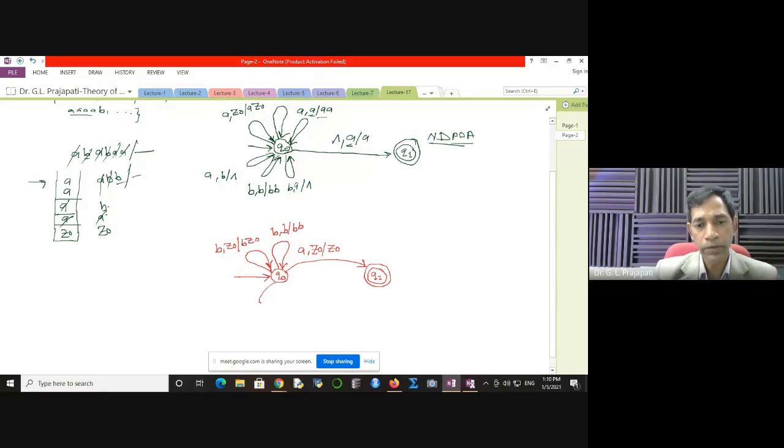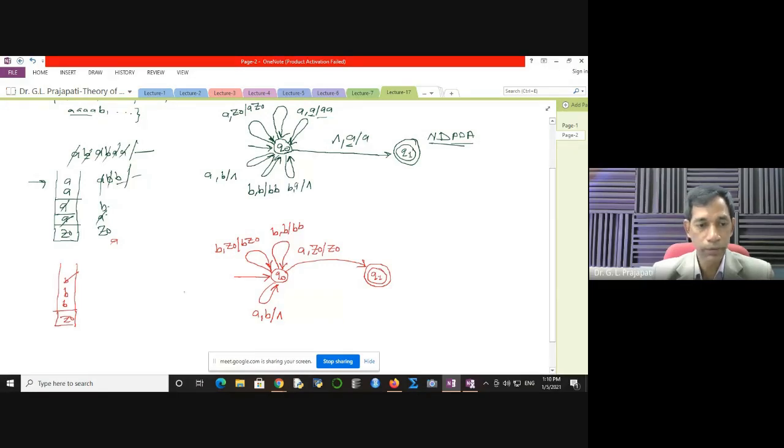Whenever you are at the state Q0 and you see that input is A and top is B, then you have to delete it. So as long as you see Z0 at the bottom, you may have any number of B's. Whenever an input A comes and you see the top symbol is B, you just have to delete this.